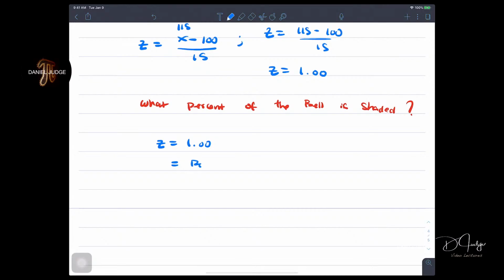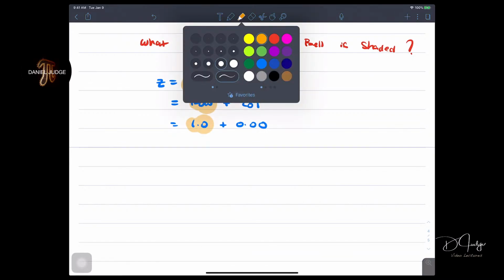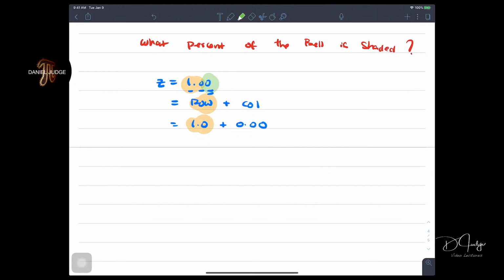This is going to be a row plus a column. What row? It's the 1.0 row. And then this last digit is the last digit in the column, but the first one's going to be 0. I did it with colors last week. Here's 1.0, there's your row. And then this last value here is that 0.